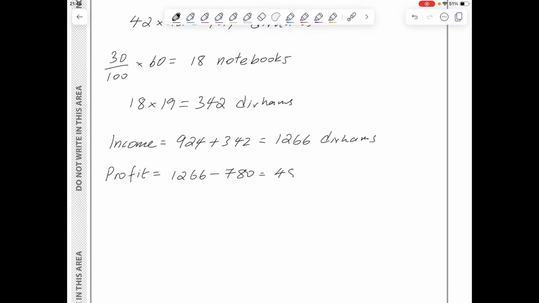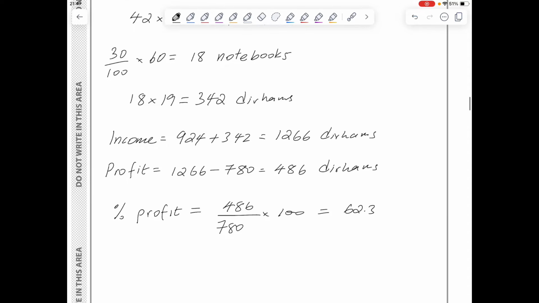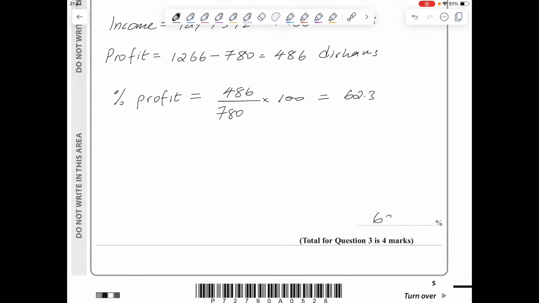So it's 486 dirhams, which means that the percentage profit equals the actual profit over the cost times 100. Put this on the calculator and you'll get an answer of 62.3, and this is my percentage profit.